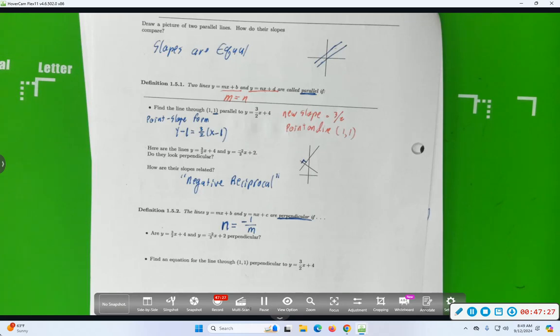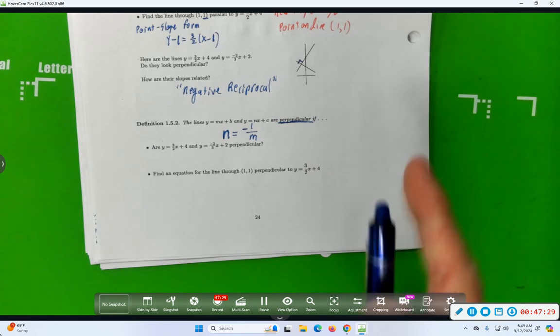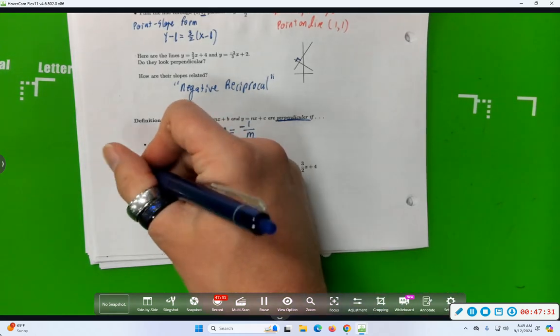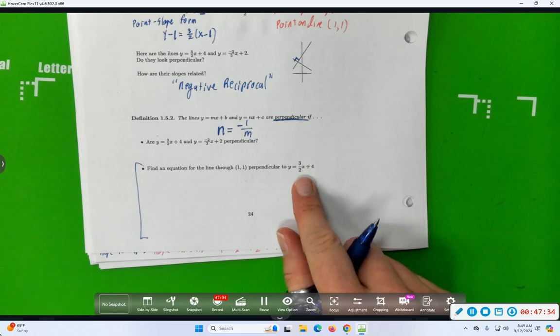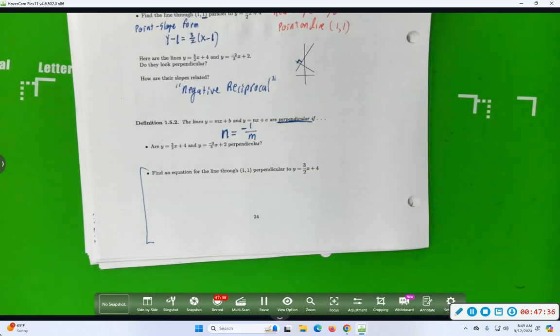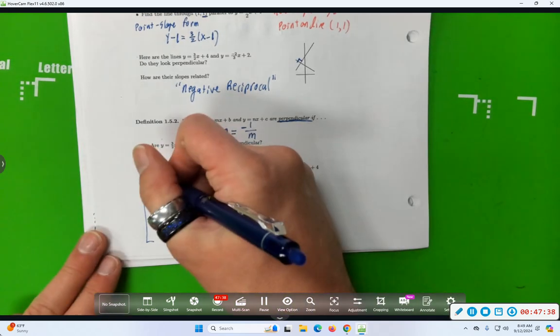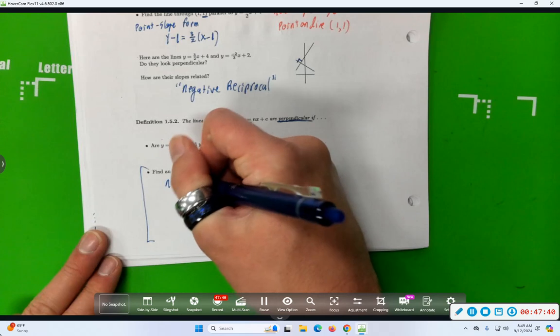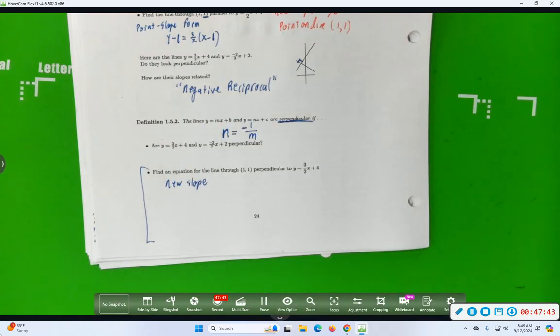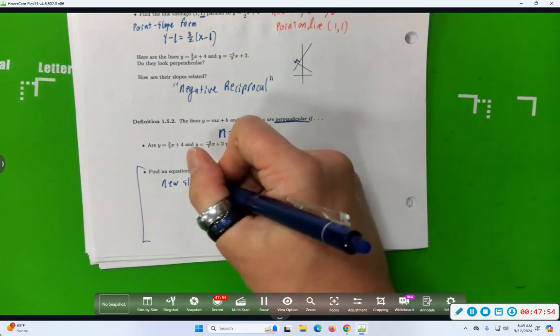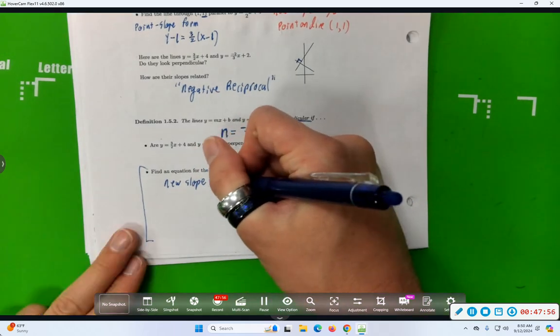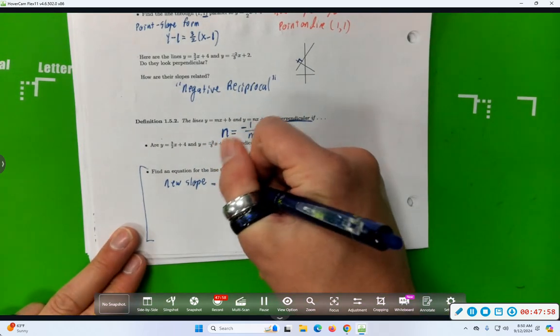Do we have time? Yeah. Well, we'll see how we do. Let's use this to find an equation perpendicular to this through that point. Let's follow the same steps as before. What's the slope of this new line that I want? Negative 2/3. It should be negative the reciprocal of the other. So it will be negative 1 over 3/2.